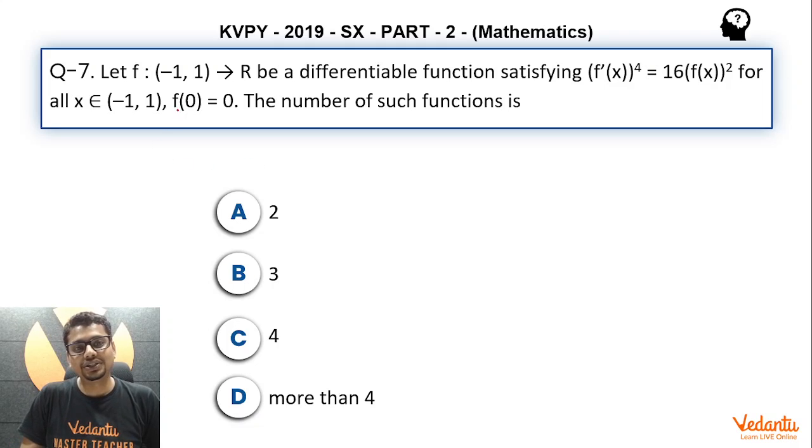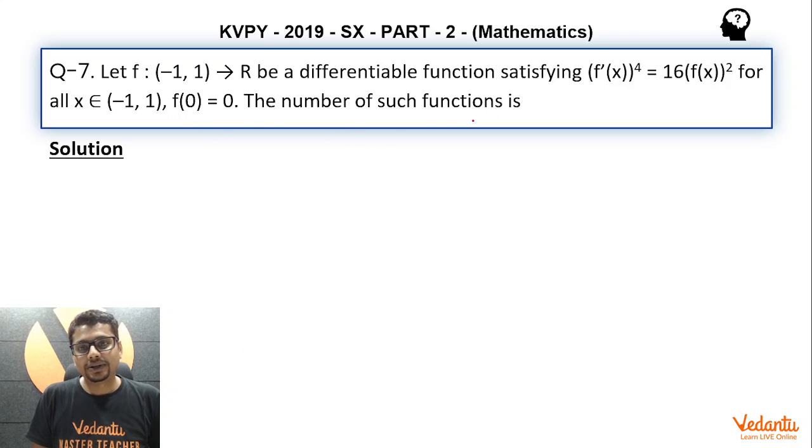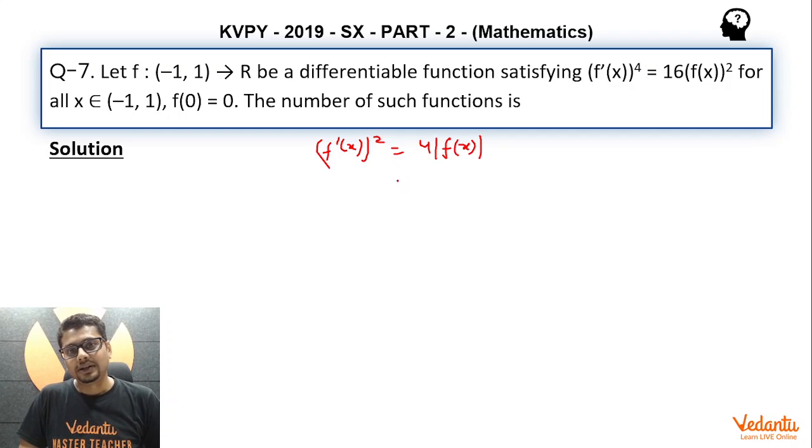Also, this condition f of 0 equal to 0. 0 is not an end point in this interval. It lies inside this interval. Let's explore. So here (f'(x))^4 equal to 16 (f(x))^2. So I may say (f'(x))^2 is equal to 4 times mod f(x), as I take under root on both sides. Now you may say I have not taken mod here. Why?